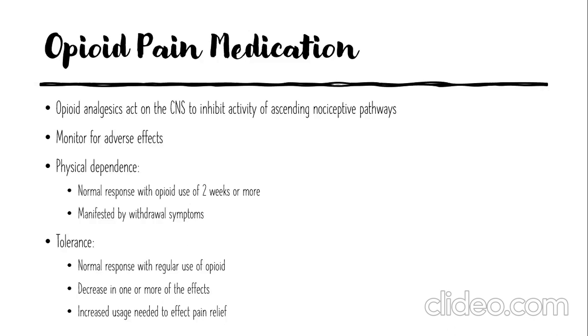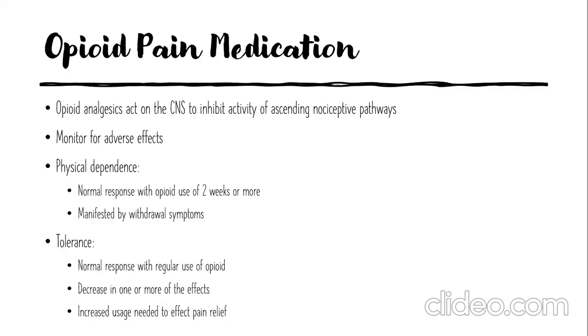What are you watching with opioids? Respiratory, right? It causes respiratory depression. So you want to monitor and make sure, are they breathing? Are they breathing at the appropriate respiratory rate? Is their oxygenation okay? So opioids, that's that.